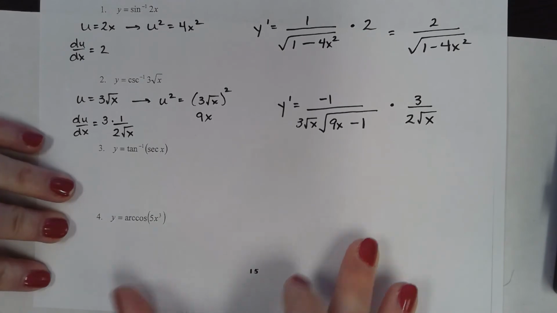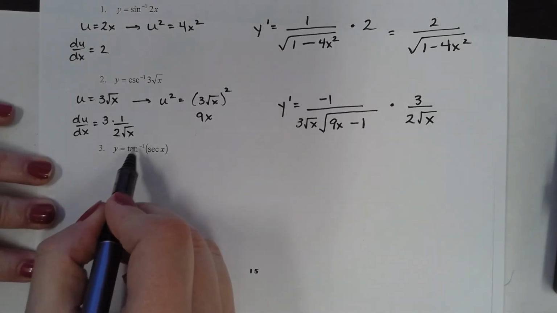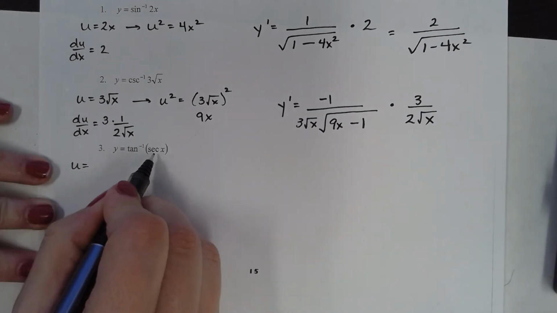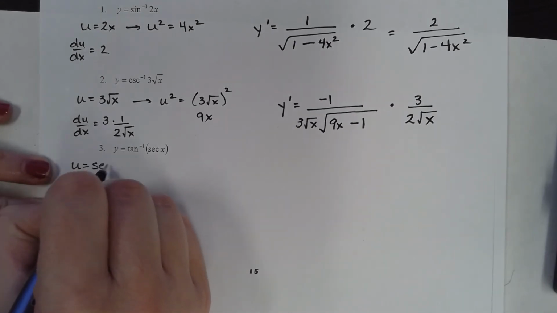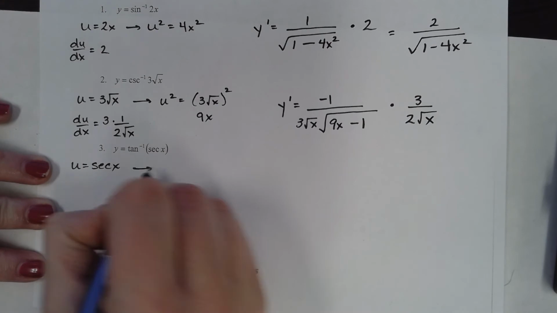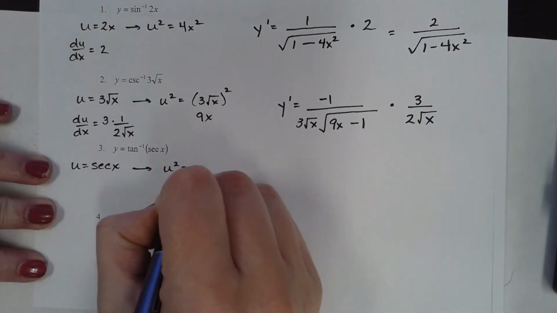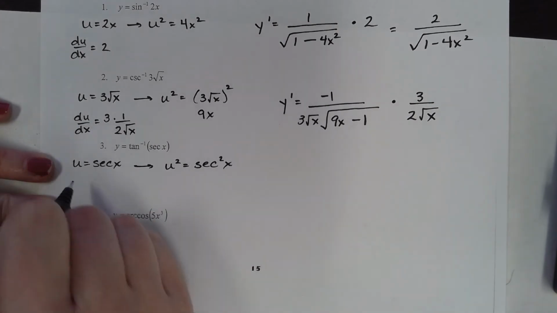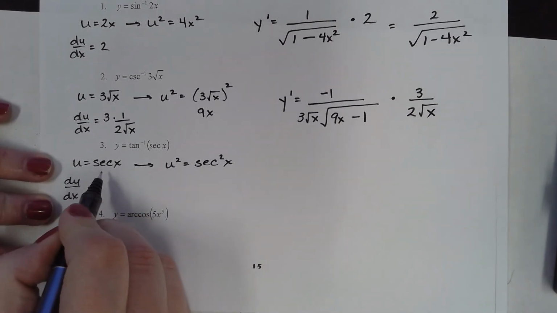Question 3. I'm taking inverse tangent of secant x. So secant x is my u, which means u squared is secant squared x. Okay. And what's the derivative of secant?